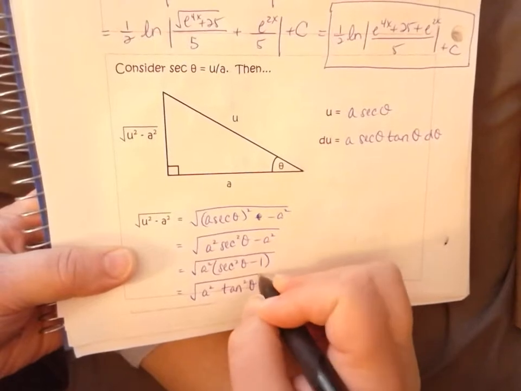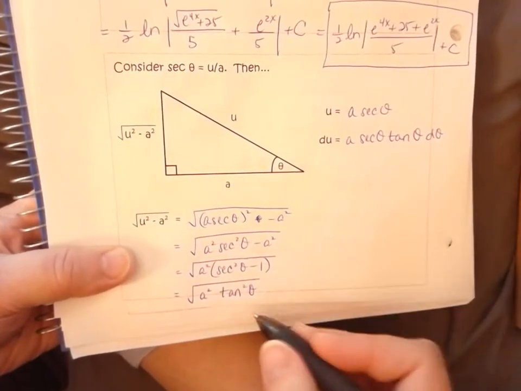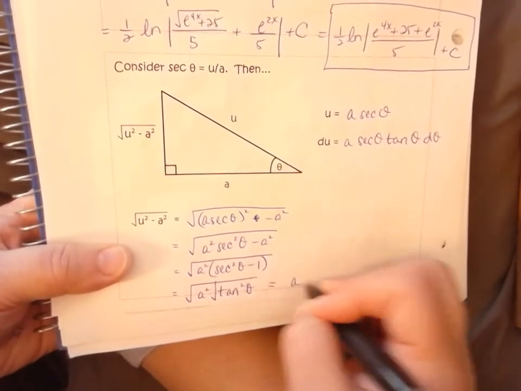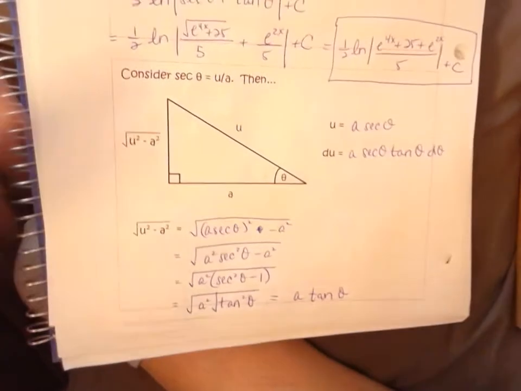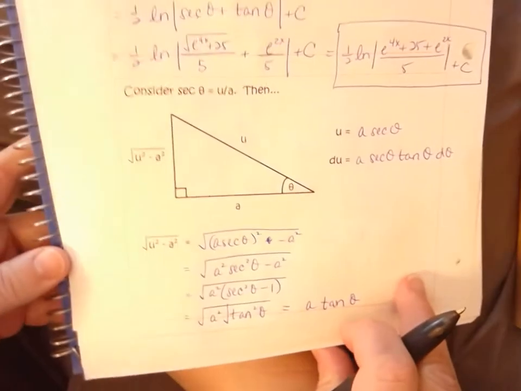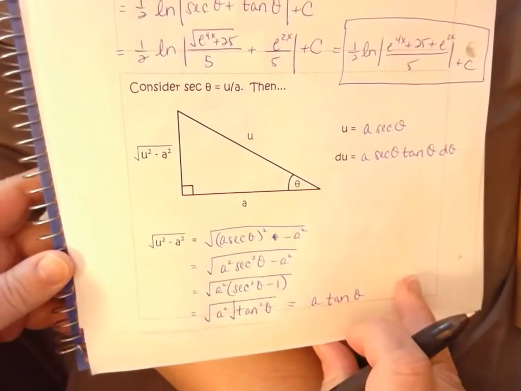It brings you, well, same identity that we used before, but solve for something different. It brings you tan squared. Take the square root of both of those, and I get a tan theta. So interestingly enough, when tan is your u, then secant becomes your square root. When secant is your u, then tan becomes your square root.